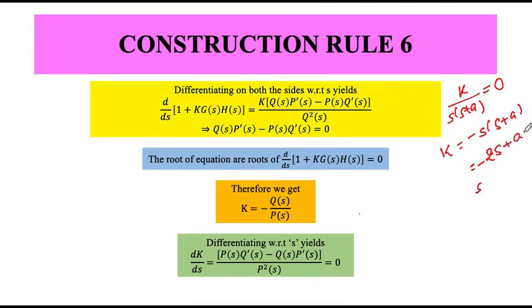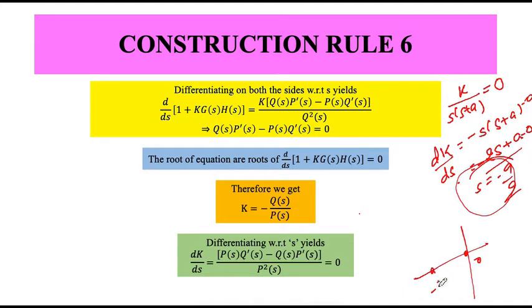So we are differentiating with respect to s, I will get this term, and then I am equating to 0. So s is equal to minus a by 2. Okay, so this is the breakaway point. In this case, with a pole at 0 and a pole at minus a, minus a by 2 is my breakaway point, and it can happen in many cases. You can see why this is minus a by 2 using this explanation over here.